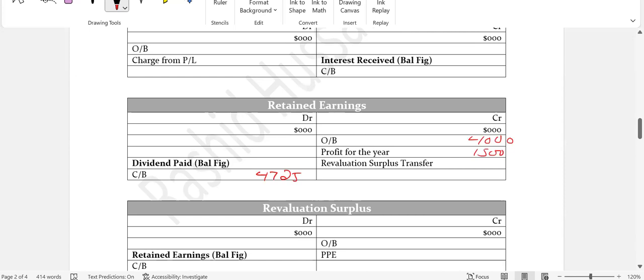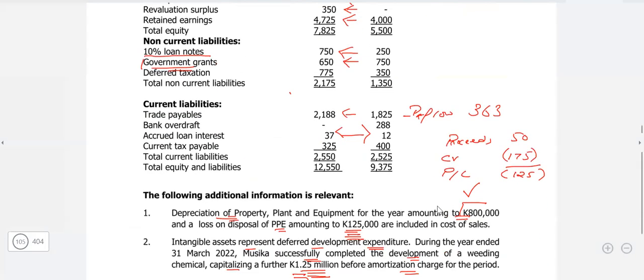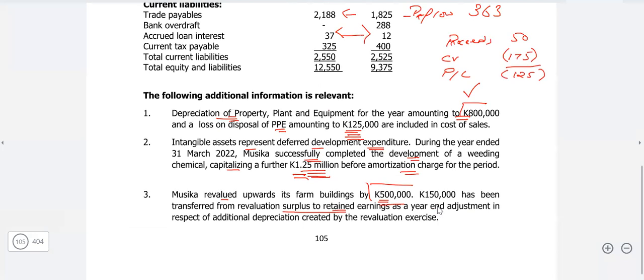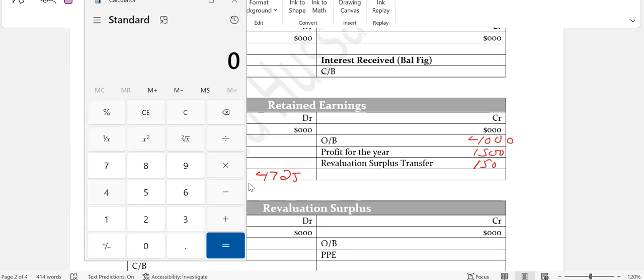And then the transfer from the revaluation surplus. It was mentioned in the question. It says 150 is the balance transferred, so we write 150 over here. Now we can calculate simply. It's 4,000 plus 1500 plus 150 minus 4725.